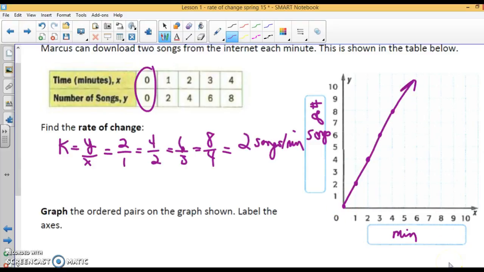There's my graph. From my table, I'm showing that it's a constant rate of change, that it is proportional, by doing y over x. And if I graph it, you can see that the rate of change is 2 songs per minute. And make sure your axes are labeled x and y.